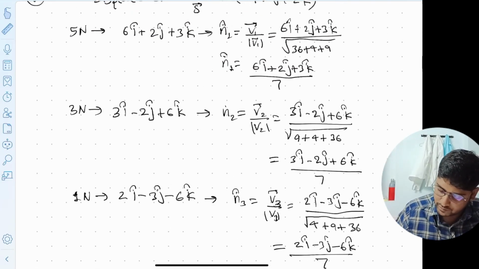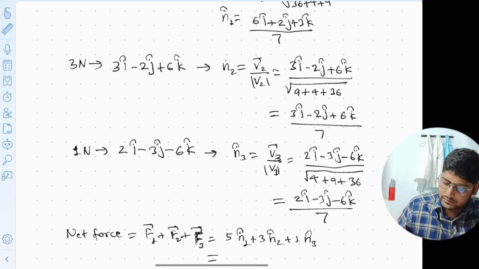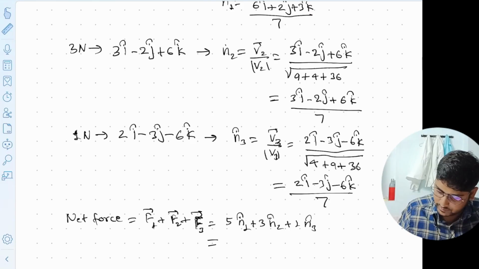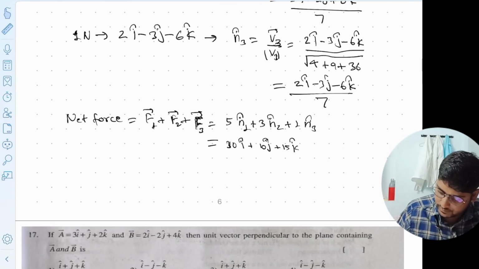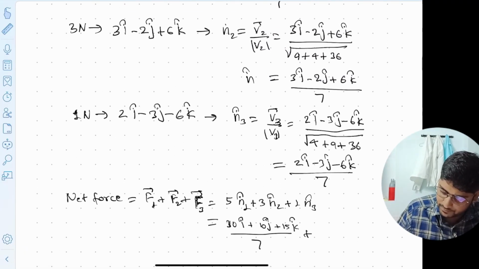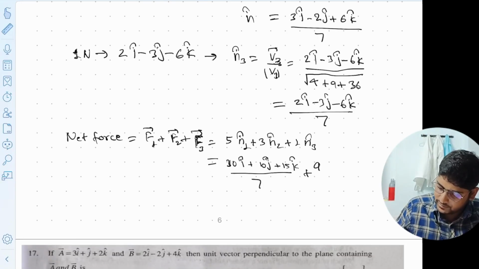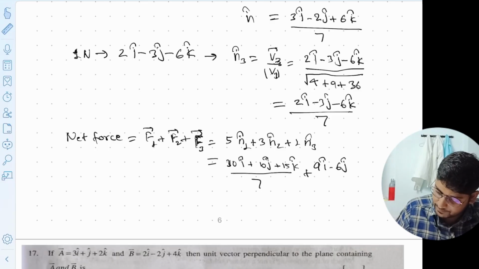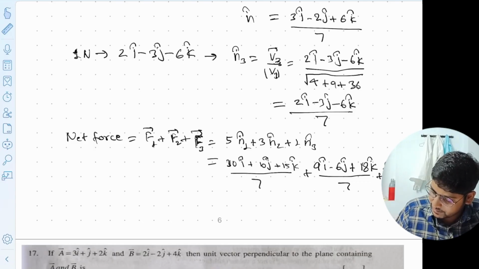When you do this, what will you get? 5 into 6 is 30, so you get 30 i cap plus 10 j cap plus 15 k cap divided by 7, plus 3 into n2 cap. 3 into this gives 9 i cap minus 6 j cap plus 18 k cap divided by 7, plus 1 into n3. 1 into n3 will be 2 i cap minus 3 j cap minus 6 k cap divided by 7.